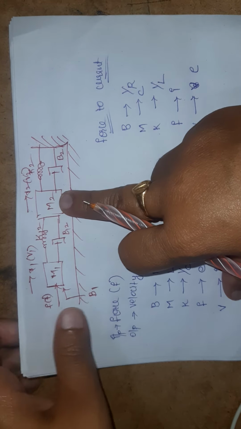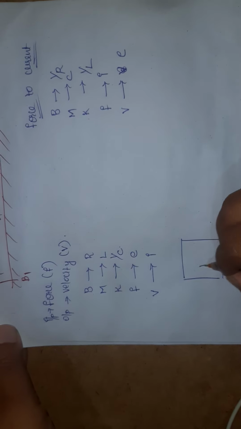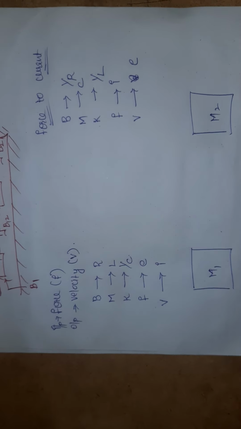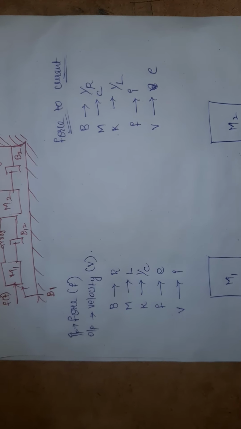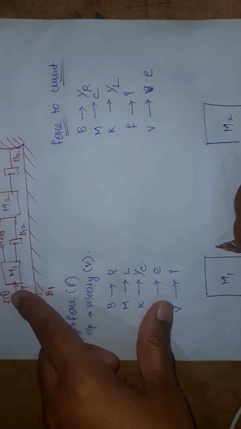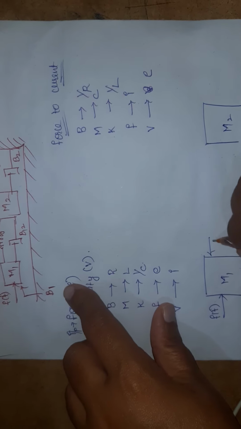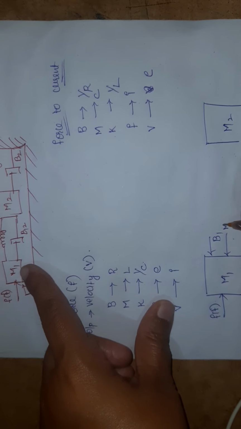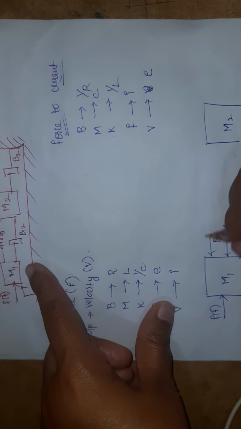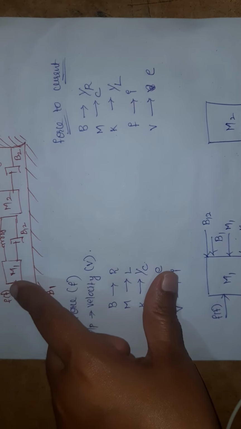Now for M1 and for M2, see the diagram. For M1 I have the force F of t, and B1, M1, K12 and B12 acting on it.